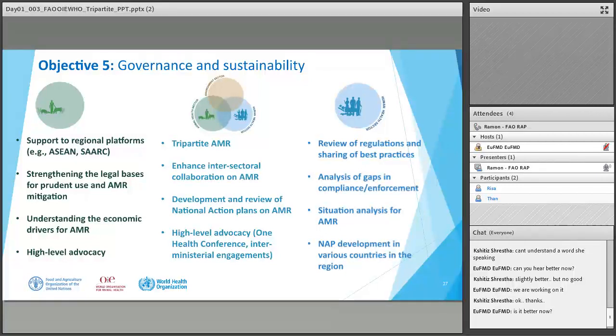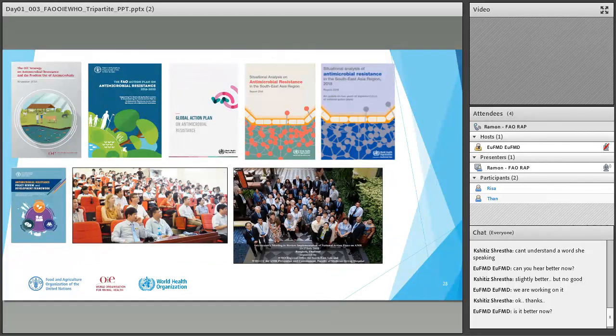Together with the tripartite, we work on AMR, and we try to enhance intersectoral collaboration when addressing AMR issues, as well as supporting developing and reviewing the national action plan. Again, high-level advocacy is important to make this happen.